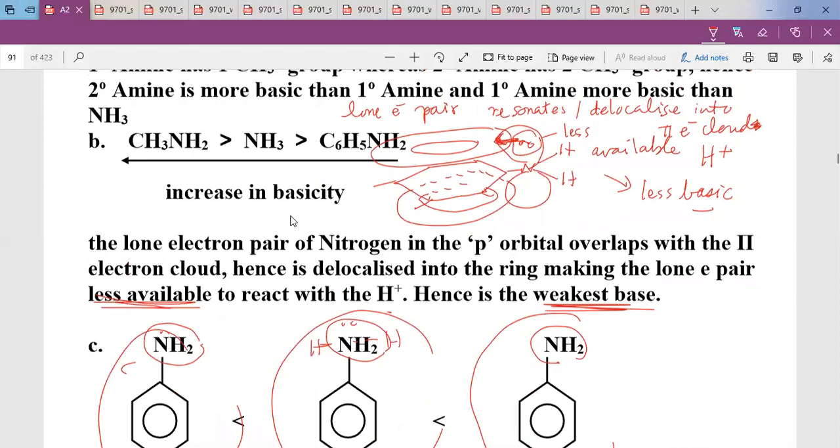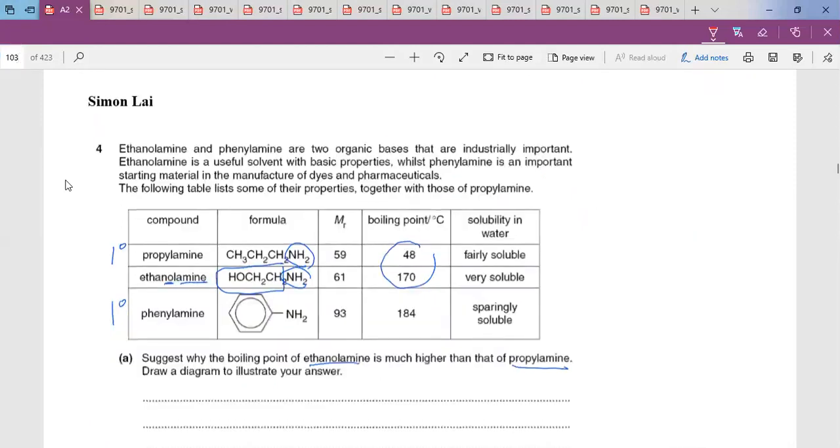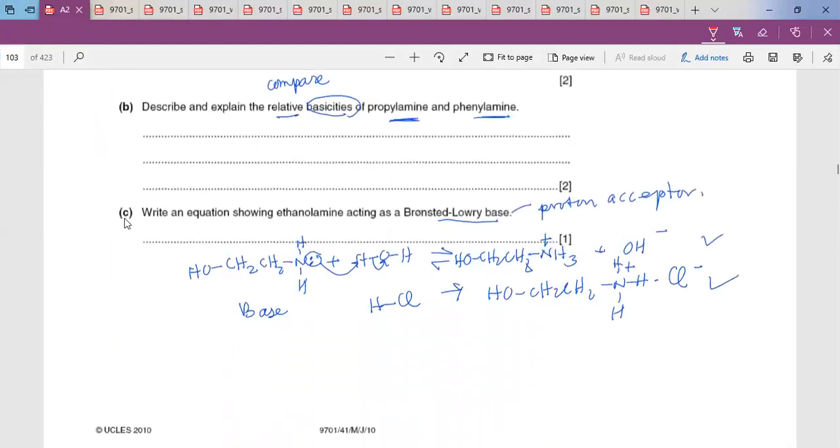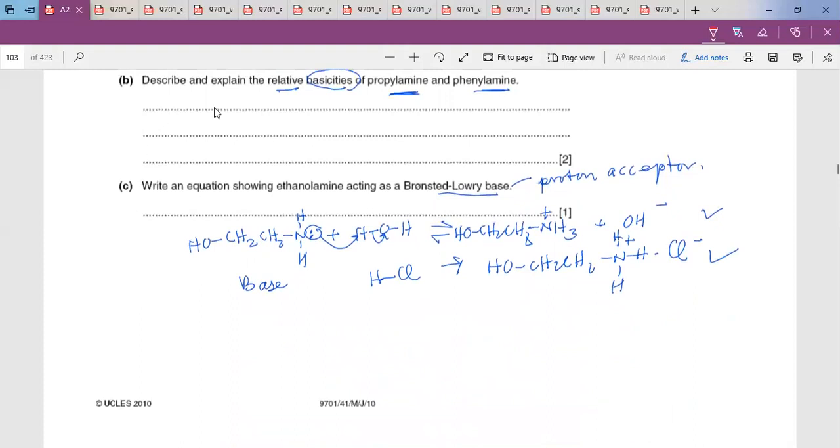Now the first question here, which I got just now. Let's get the marking scheme, 103. Describe and explain the relative basicity of propylamine and phenylamine.